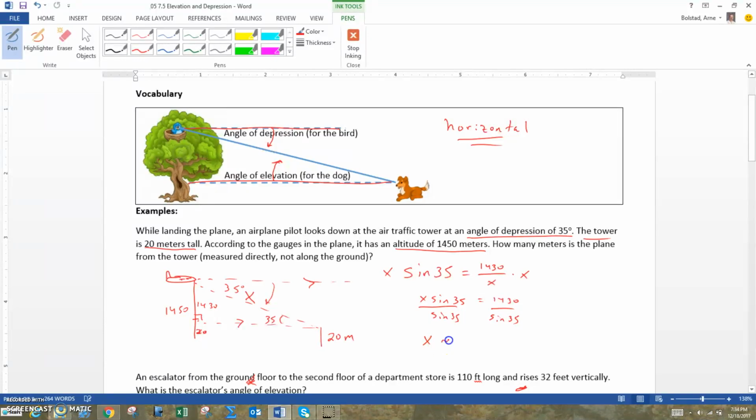That would give us x approximately equal to 2,493.13 meters. And there we go. Not a lot different than what we have been doing, other than you have to construct the diagram on your own. Let's continue.